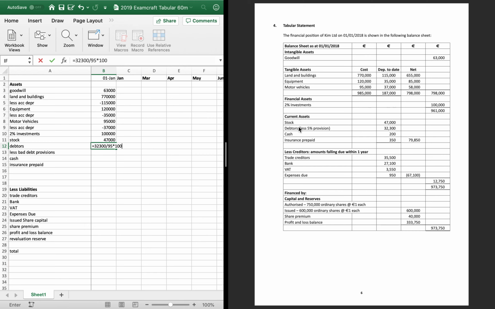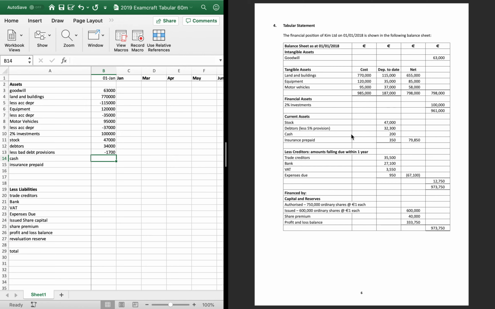So in total it's 100%. If you take away the 5%, you're left with 95%. So 32,300 is 95% of debtors. So debtors is 34,000. So to get down to the 32,300, there must have been a 1,700 bad debt provision. So that gives you your 32,300.